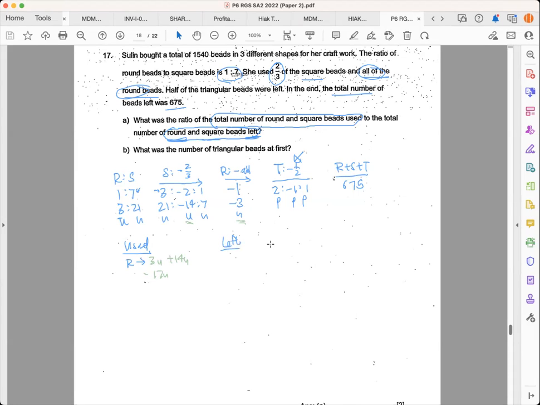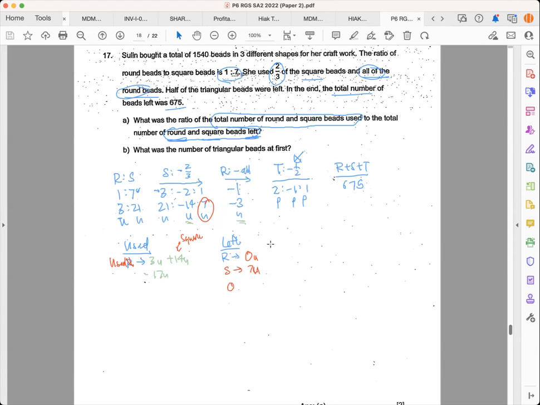round left will be 0 because we used up everything. Square bits left will be 7 units. By the way, this is the square. This is the round used.